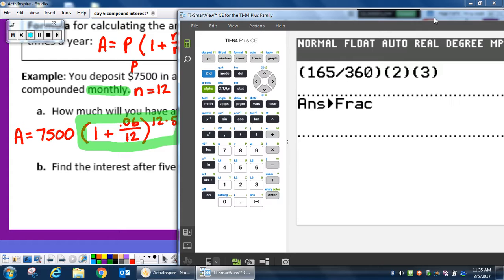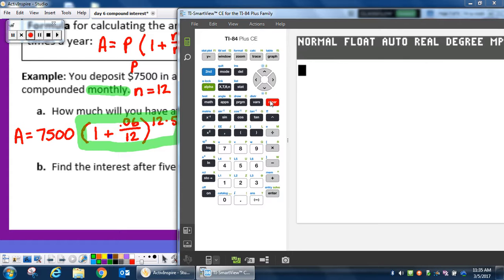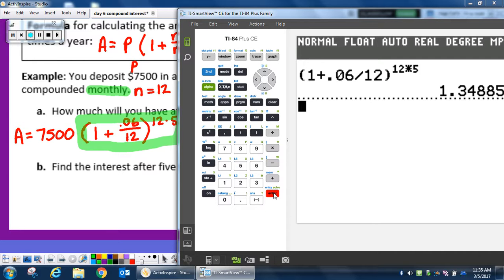Okay, so it's going to be parentheses, 1 plus 0.06 divided by 12, close the parentheses, and then caret 12 times 5, enter, okay, times 7,500.